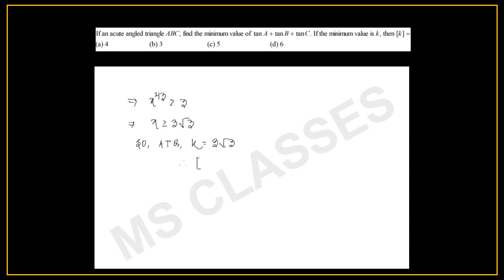Hence, box of k, that is the greatest integer function of k, will be 5, because this 3 root 3 lies between 6 and 5, because it is 3 into 1.732, which will be definitely less than 6 and greater than 5.